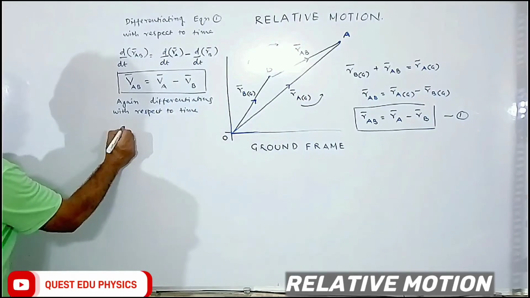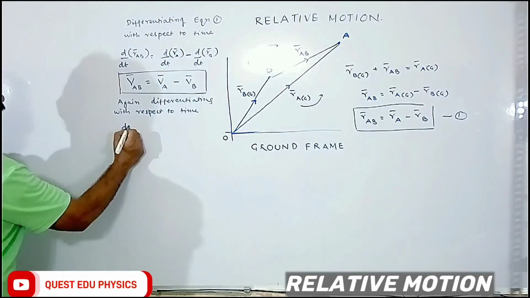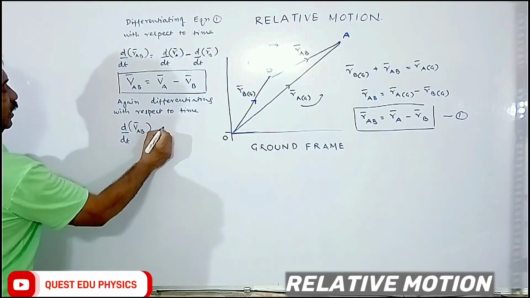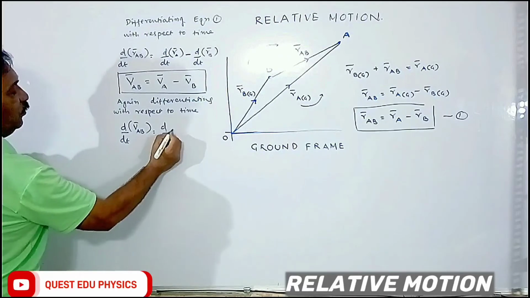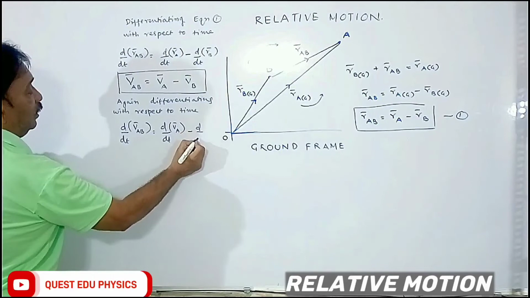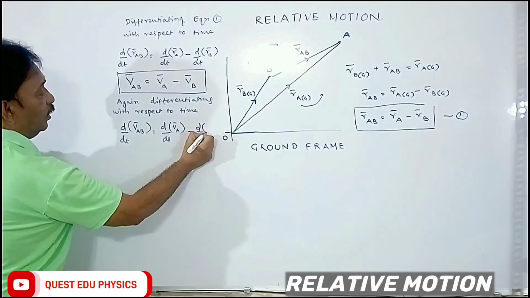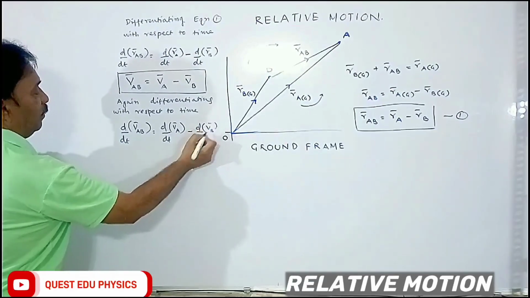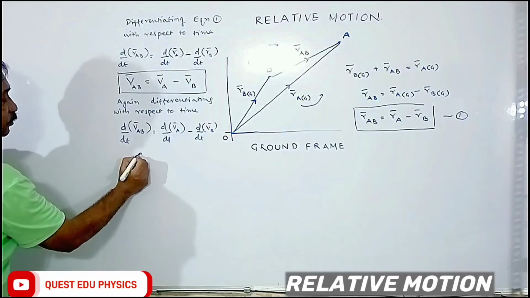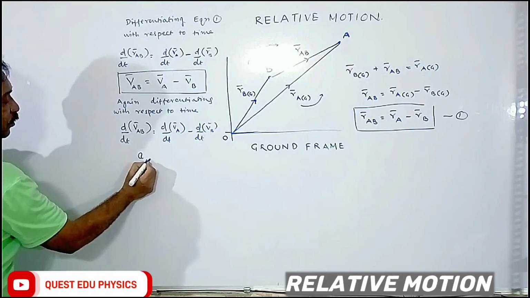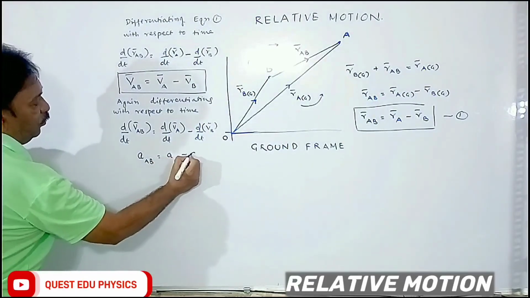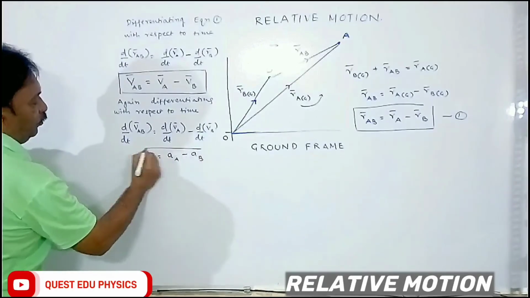That is d by dt of V bar AB is equal to d by dt of V bar A minus d by dt of V bar B. Rate of velocity is acceleration. You can write a bar AB is equal to a bar A minus a bar B.